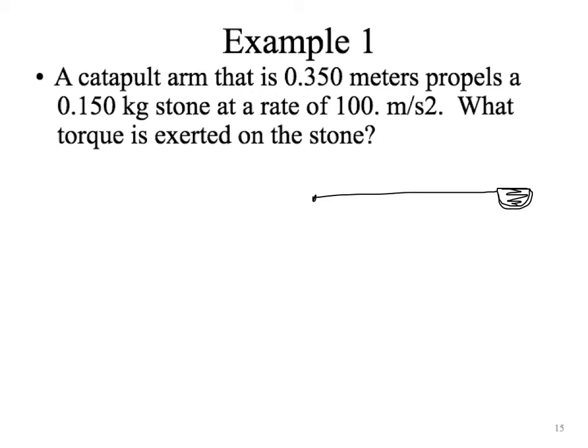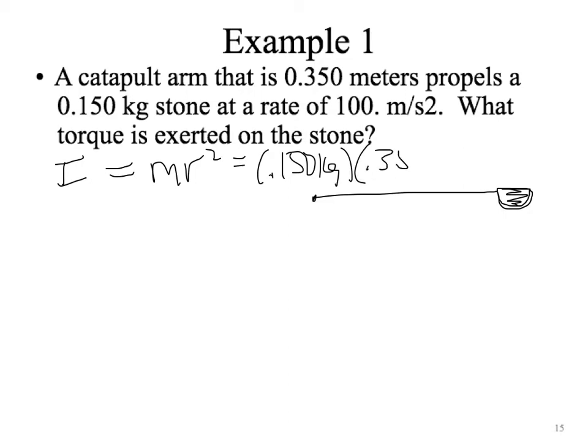So the moment of inertia is going to be mr squared. The mass at the end will be this 150 kilogram stone, the radius 0.35 meters. That's actually a very tiny little catapult. And the moment of inertia is going to be 0.018 kilogram meter squared.